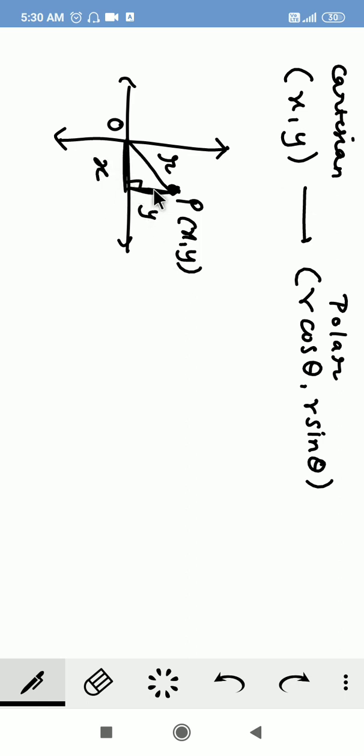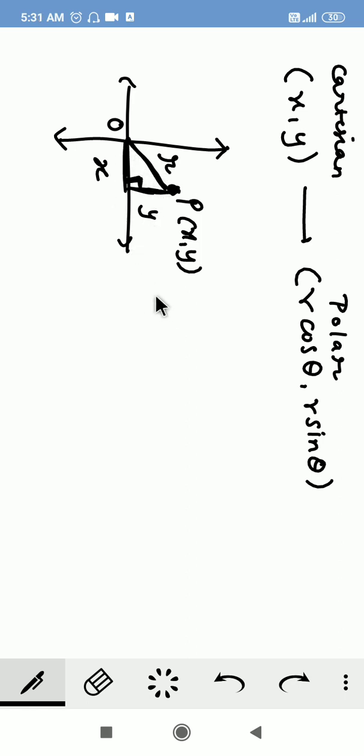You can see that this is a right angle triangle and this is a 90-degree angle. The side opposite to it is this r, so this will be our hypotenuse. This r is the length of the hypotenuse of this triangle.